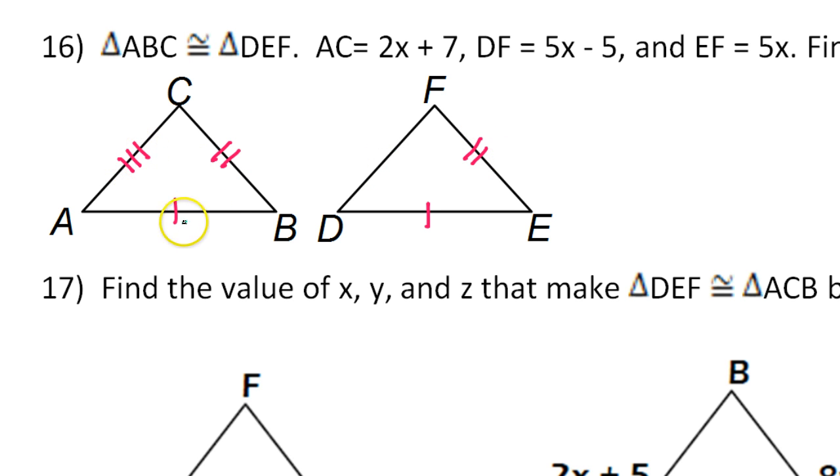Or looking at the angles, we have these, and these, and these. Wait, I missed one, didn't I? Alright, that's a lot of marks, but you get it. So AC is 2x plus 7.